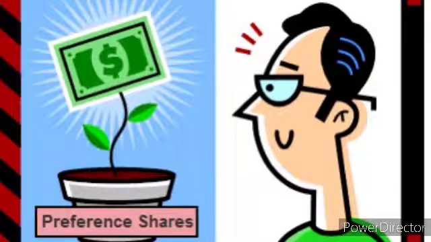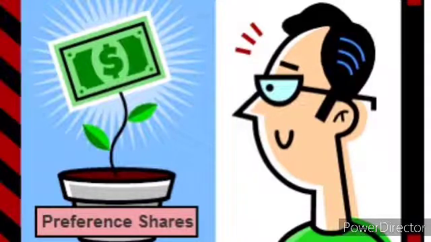Fourth is trading on equity. We have studied what trading on equity is: the proper proportion between your own funds and your debt. The rate of dividend payable on preference shares is fixed. When the earnings of the company are good, a higher rate of dividend can be paid on the equity shares. That is why it is called trading on equity. Fifth is no burden on profit.